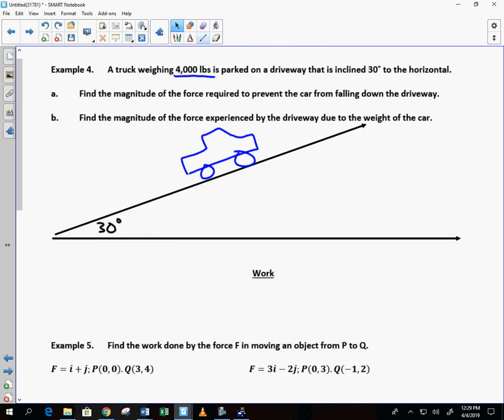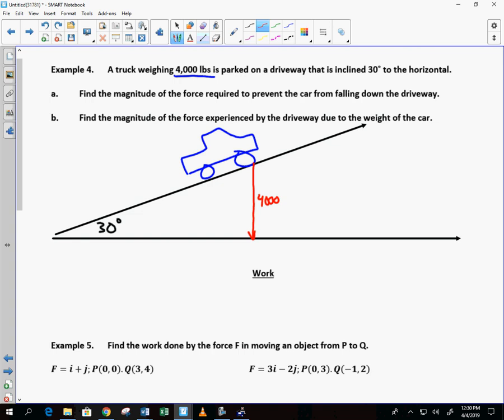It's about gravity, right? Pulled towards the center of the earth. So if we're headed towards the center of the earth, everybody agree that we're going to go straight down to the horizontal? Very good. So this is the first piece we need. Straight down to the horizontal, we have 4,000.